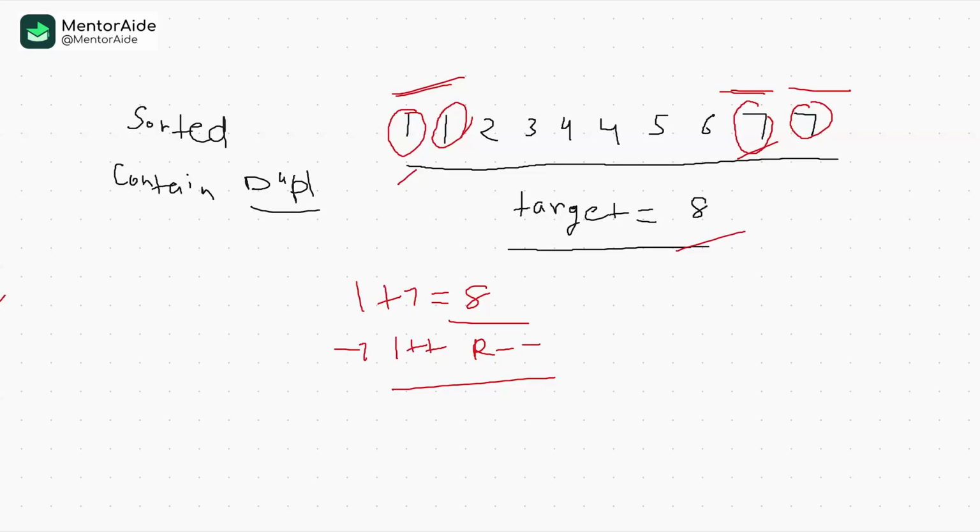If we do that, what will happen? Our new left pointer will point to this one, and our new right pointer will be pointing to this one. But don't you think we have missed this case, this and this? Okay, let me separate these variables: 1, 1, 7, and 7. One of the pairs is this. But don't you think this is also a pair?